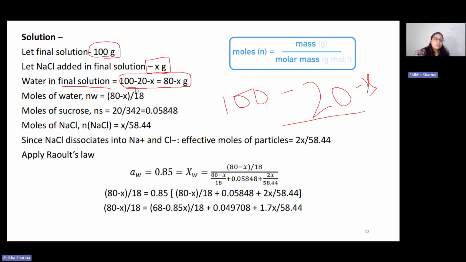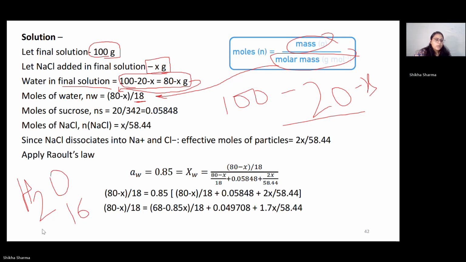Now moles of the water, if we want to calculate, the moles formula is mass divided by the molar mass, right? So mass of the water in the final solution is 80 minus X divided by its molar mass, which we all know the molar mass of water is 18. How? H2O: O is 16 molar mass and hydrogen is 1.